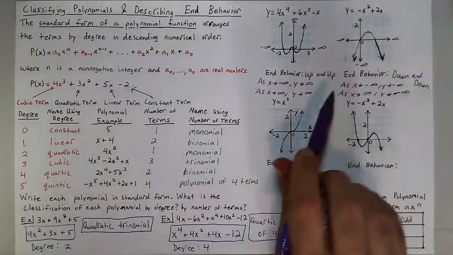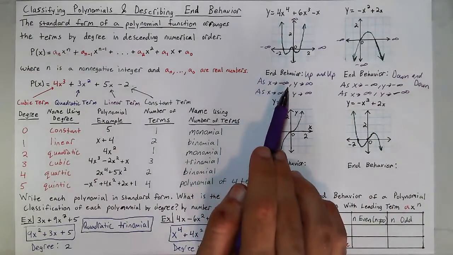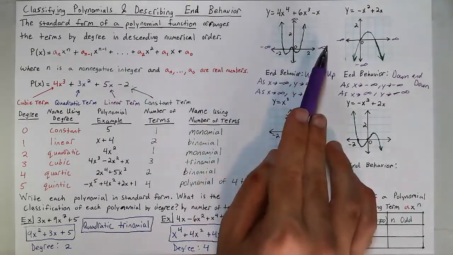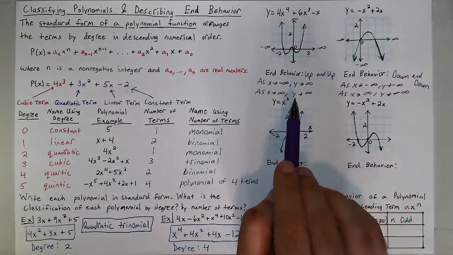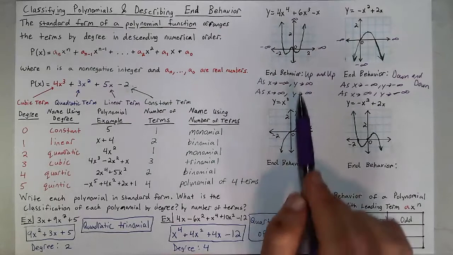So you'll see here, wherever you're using this bottom method of writing end behavior, you'll always have an as x goes to negative infinity and an as x goes to positive infinity, since you always have a left and a right. But that will determine what y approaches in those directions, because now you'll see here y can go either up or down.